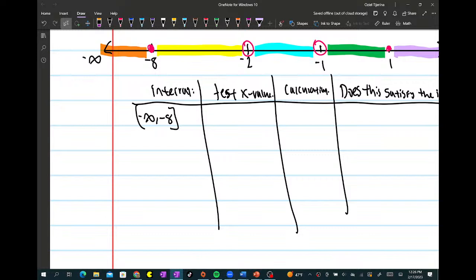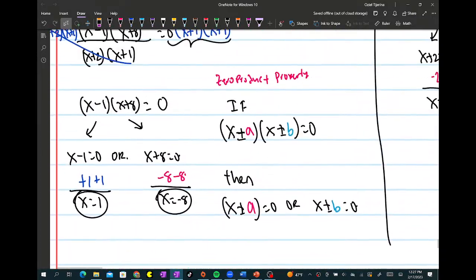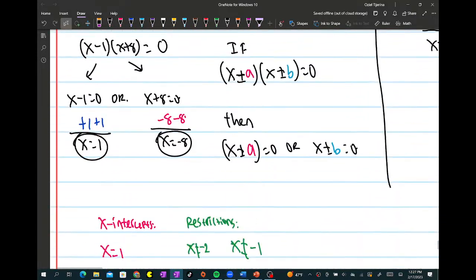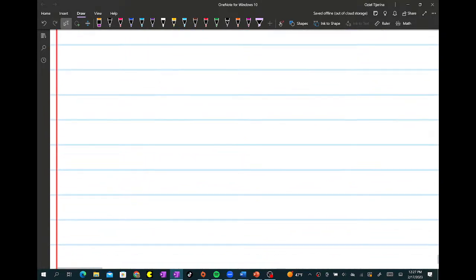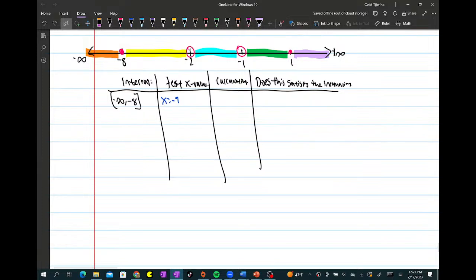So here we have from negative infinity to negative 8, and we're going to test a value that is between those two. So let's do x equals negative 9. And the calculation, let me put this more over here.